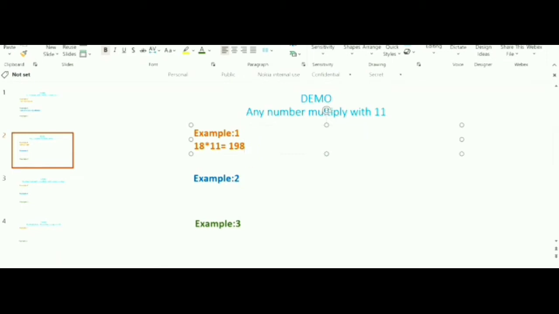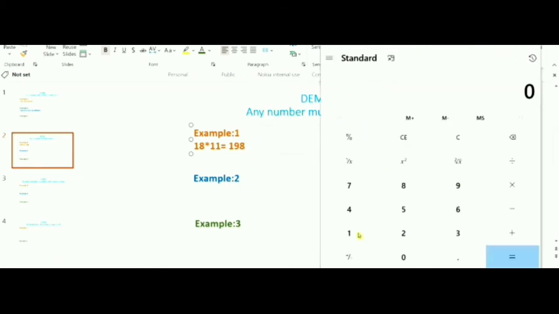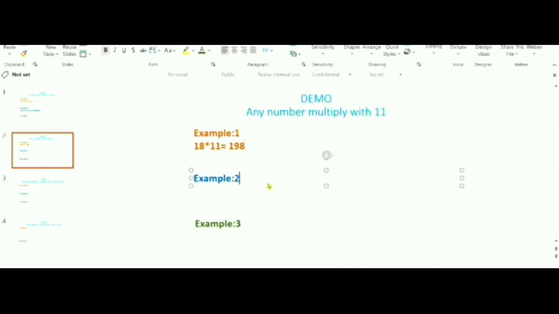Perfect. You can see it here. If you take a calculator and try, what is the answer? Correct. Similarly, we can go for another example with a bigger number. Suppose 1 2 3 4 into 11. The first digit will be 1.